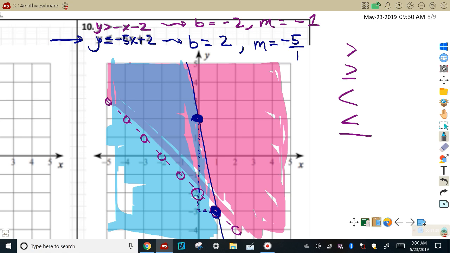Okay, so I'm going to really emphasize that this here is my solution. Sometimes you might only see this specific part shaded in. So this part right there is my actual answer.